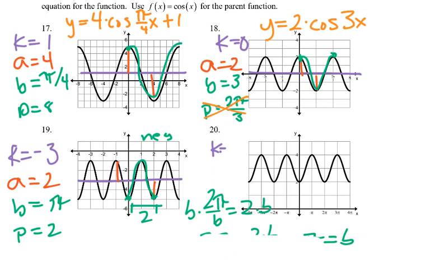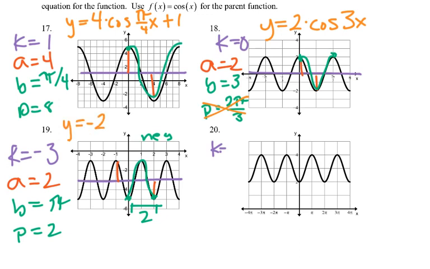Okay, so because it's flipped, I know my amplitude is really going to be written negative. So -2 times the cosine of pi x, then minus our k, minus 3. Okay, last one on this. Definitely see it's right there at positive 3. Amplitude, we can see it's going up or down 1. Okay, we can see we start below the midline, so we know it's going to be a negative, right?